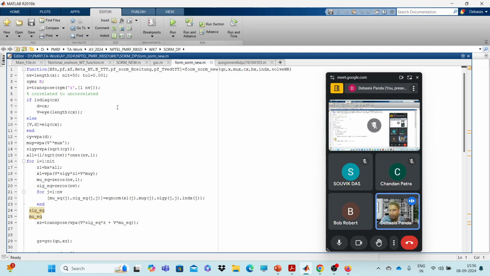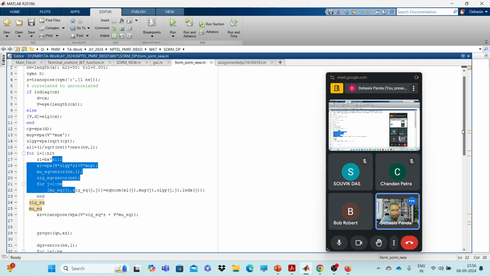We have seen the Rackwitz algorithm here, the form function. If you provide the question number, mu, cx, and index, it will give you the beta value. How does it calculate? First, it checks whether your random variables are correlated or not within your limit state function, and based on that, it does the equivalent normalization. We have the equinorm function file for it, which we have already discussed.